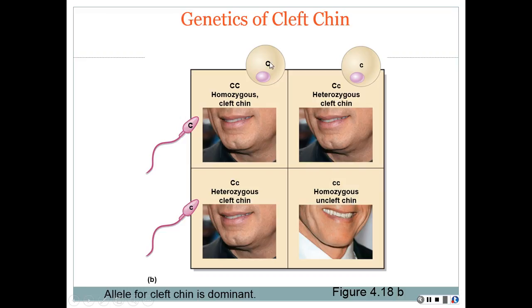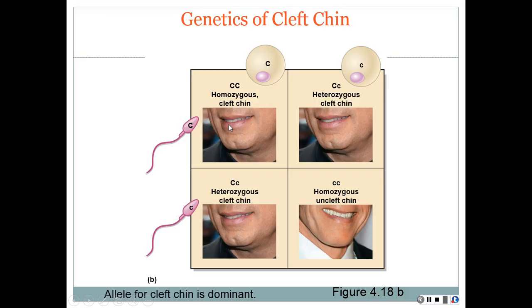I might skip ahead a little bit. Here we have a female who is heterozygous for the cleft chin, and a male who is also heterozygous for the cleft chin. Of their offspring, out of 4, one child will be homozygous with the cleft chin.